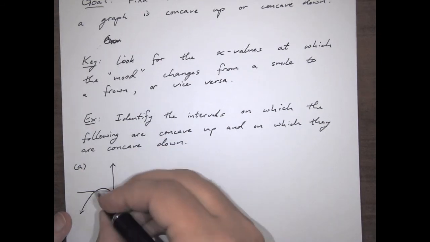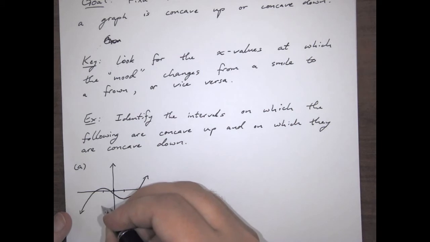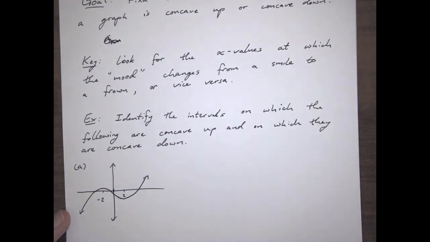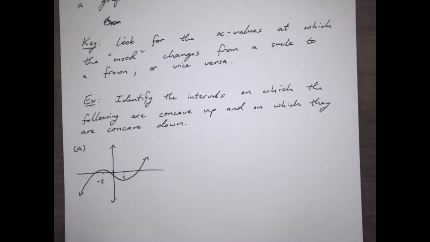And perhaps we will also think of these numbers as being important, so let's say that is -2, this is +2. Now we're not even going to concern ourselves with the specific values of the y coordinates here, because whenever we talk about intervals, we are always talking about intervals of x values, not intervals of y values.